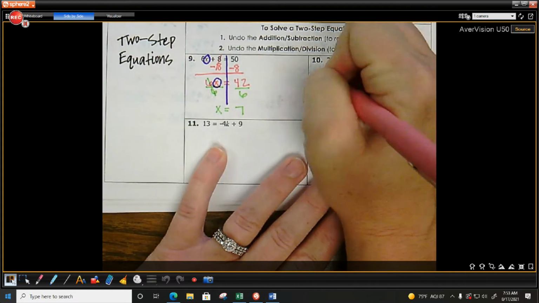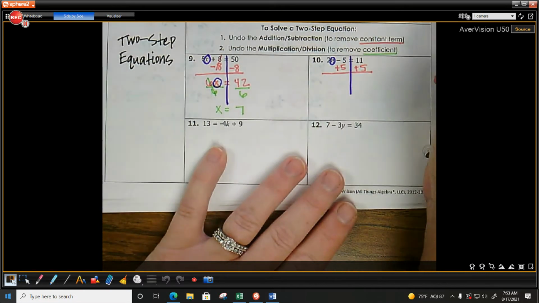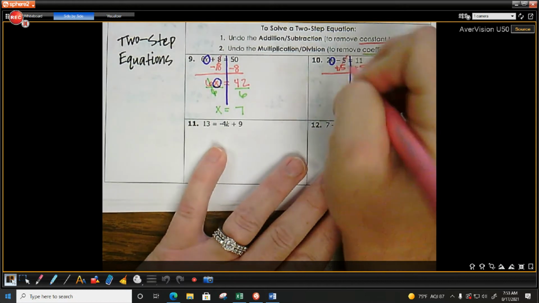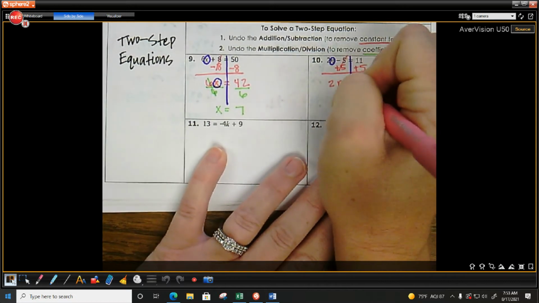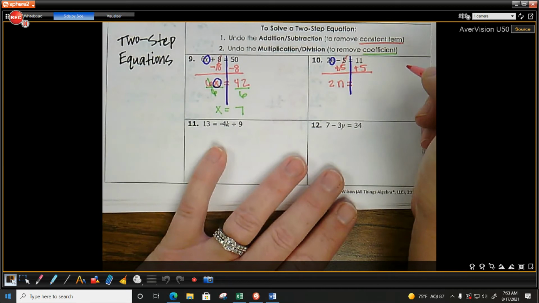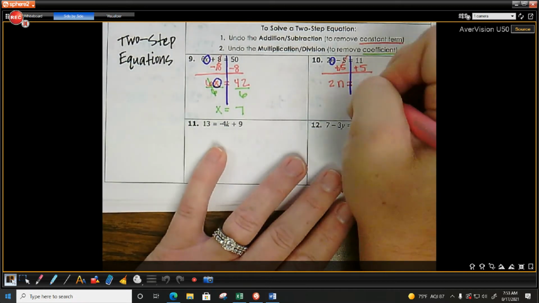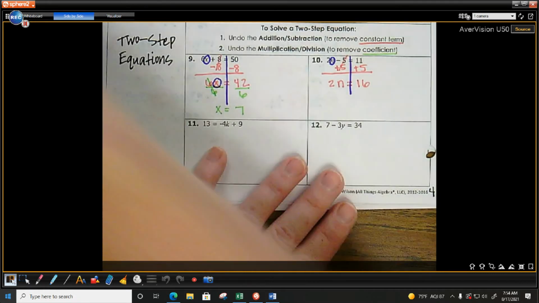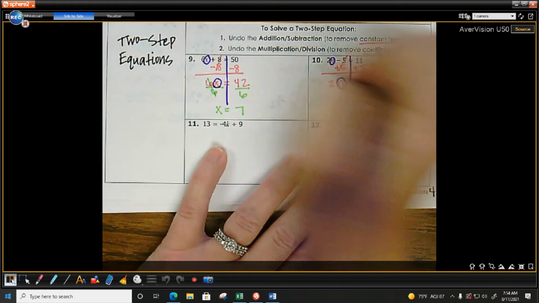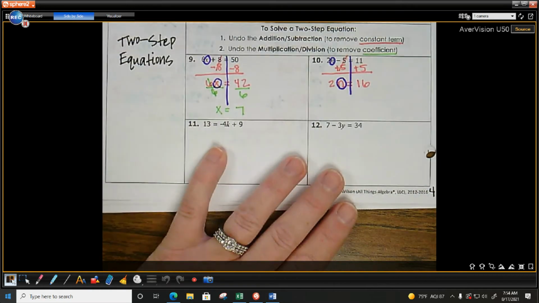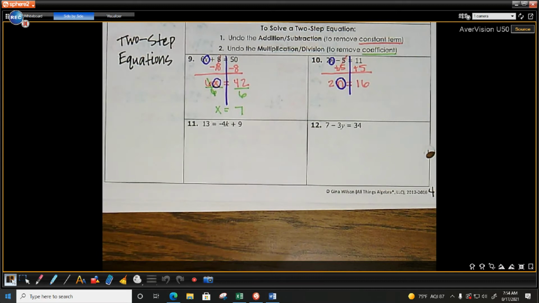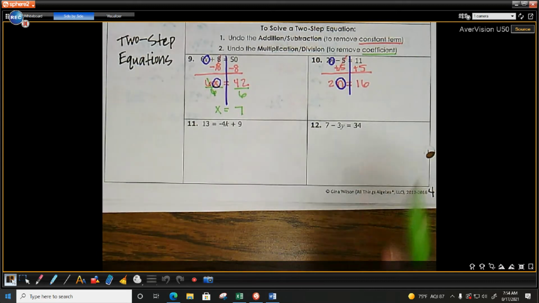So negative 5 plus 5. And I get 2n equals 16. Good job. Keep your n circled because n is still not by itself. What am I going to do to get that 2 away from it? Divide by 2.